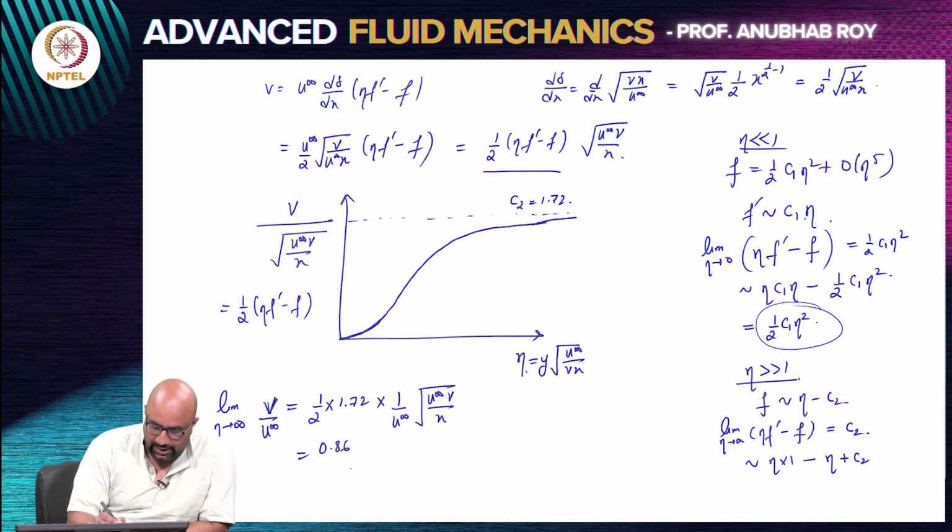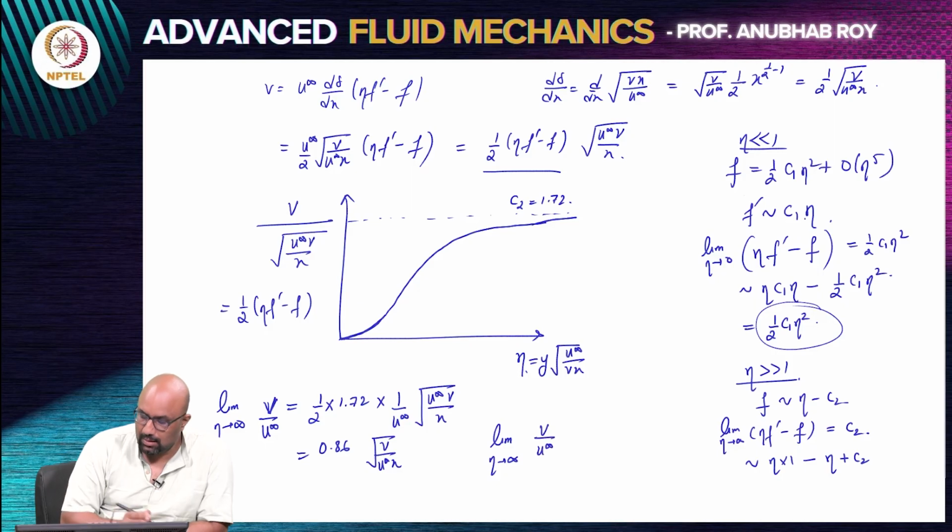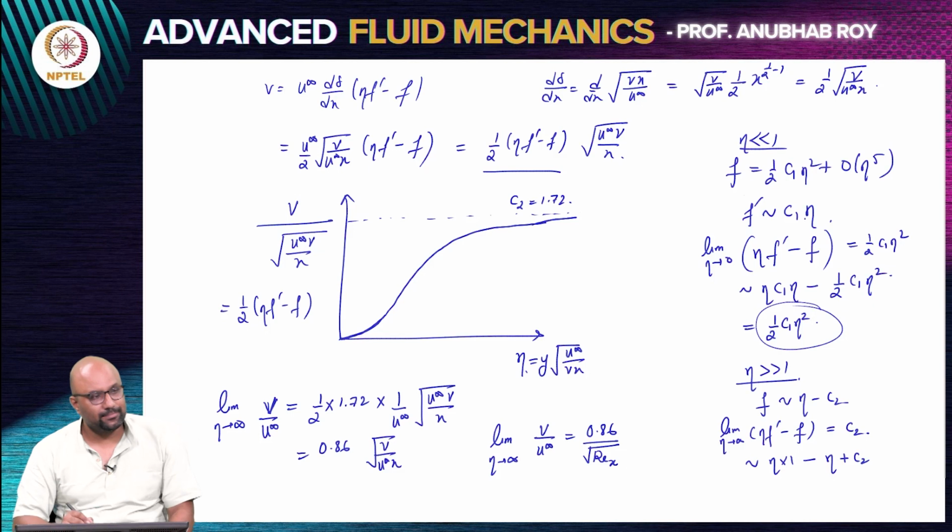So, 1.72 over 2 is 0.86, and this will be square root nu by u infinity x. So, at the edge of the boundary layer, the vertical velocity or the wall normal velocity is going to be 0.86 divided by square root of Rex.